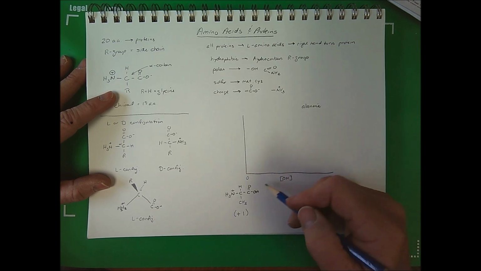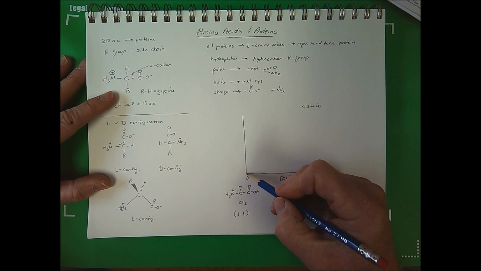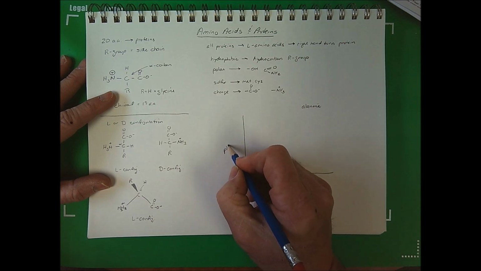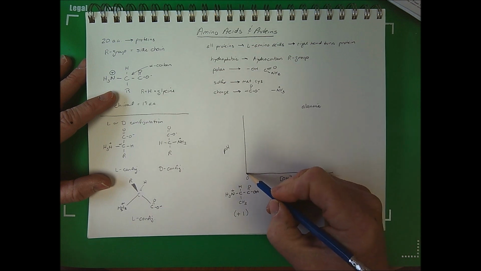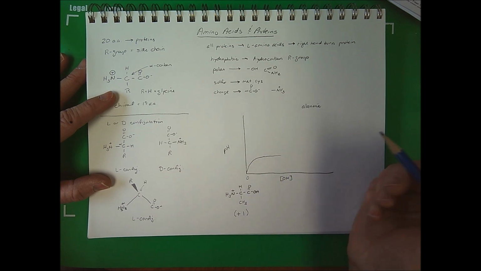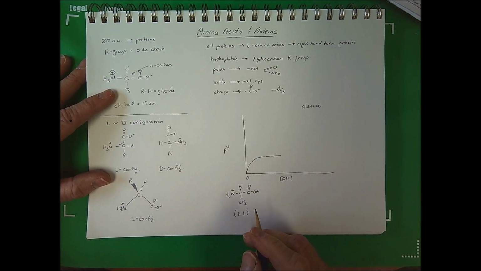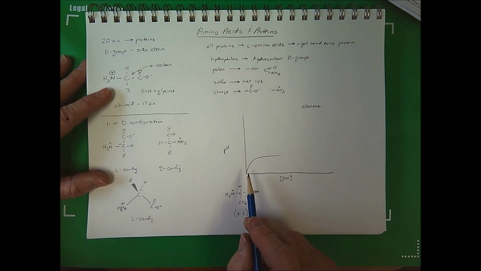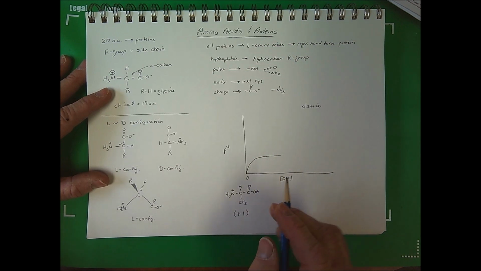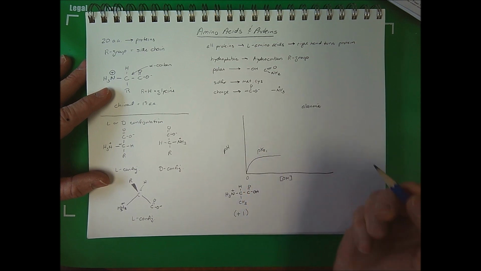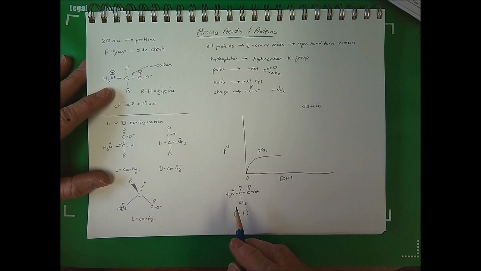Now as we add hydroxide ion, we are going to raise the pH of the solution and we are going to reach an inflection point. As we saw with our titration previously of acetic acid, the inflection point is going to be equivalent to the pKa. In this case, this is going to be considered pKa 1.